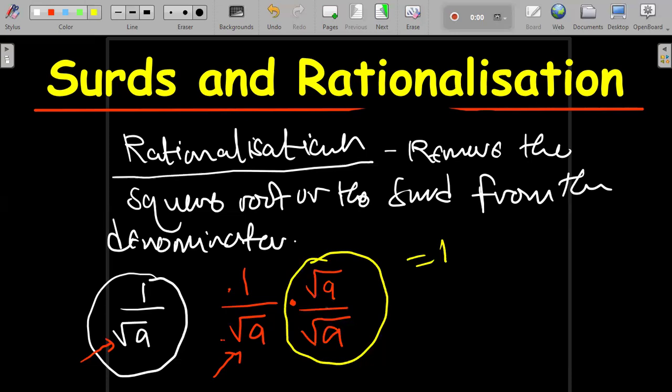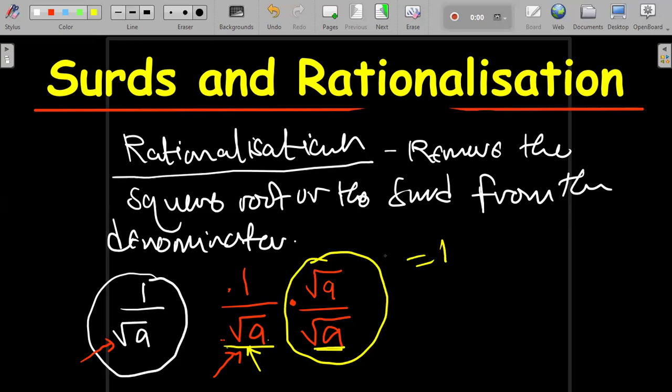If you just have one root like that, the conjugate will just be the same thing. You multiply the denominator with it, and whatever you multiply the denominator with, you also multiply the numerator with, so that you don't change anything.